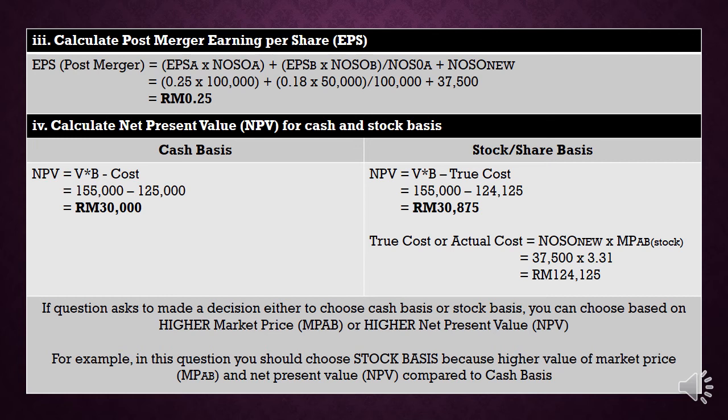And based on the formula under EPS post-merger, the formula equals EPS A times NOSO A, which is equivalent to 25 cents EPS A times NOSO A 100,000, plus EPS B times NOSO B, where EPS B is given at 18 sen times NOSO B 15,000, and divided by NOSO A 100,000 plus NOSO new, which is 37,500.